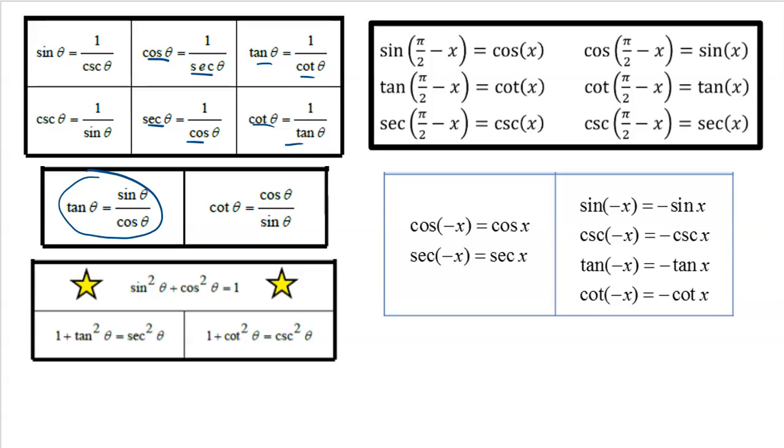So I'm going to use these Pythagorean identities, and I'm going to start with this one right here. Or I could use this one right here. You can use either one of them. Why? Because I know tangent, I know cotangent, and in an equation, if you know one thing, you can easily solve to find the other. So since I was given cotangent, let's use 1 plus cotangent squared equals cosecant squared.